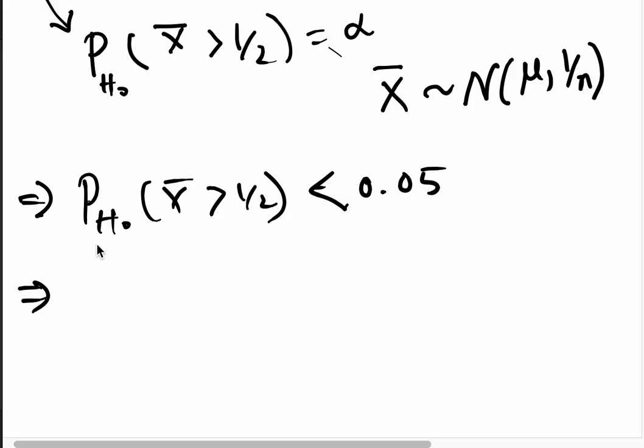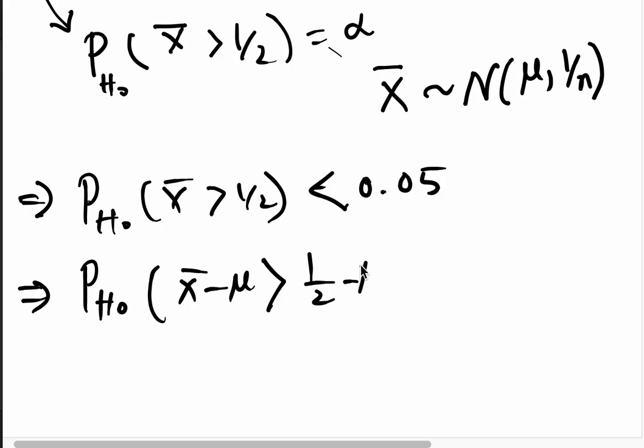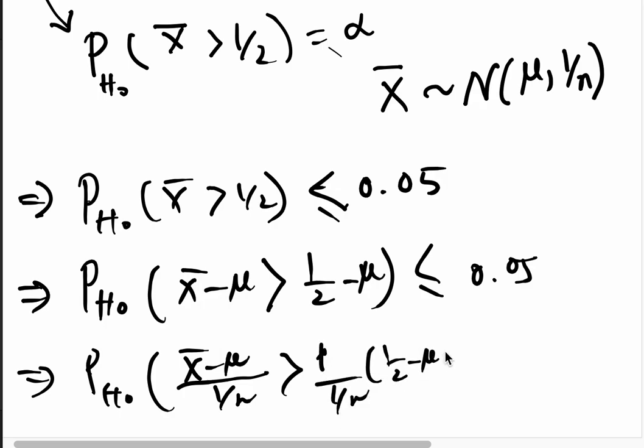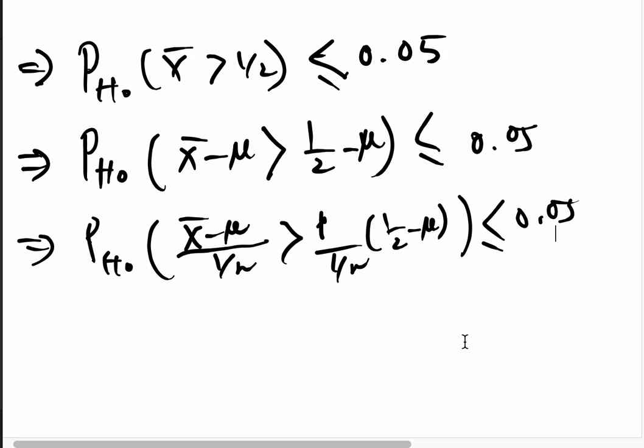So let's do one thing: P under H0 of x bar minus mu greater than 1/2 minus mu is less than or equal to 0.05, where sigma is 1 by root n.